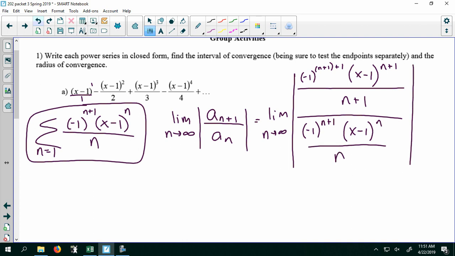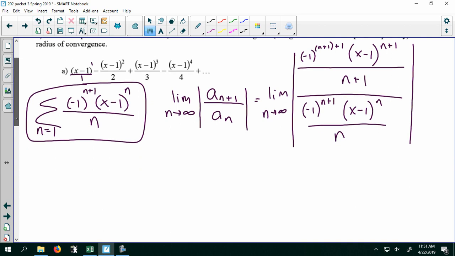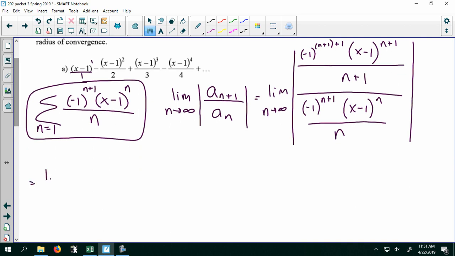And then I'm going to do some simplifying inside that parenthesis. So this is the limit as n goes to infinity of the absolute value. The -1s actually don't matter at all because it's just going to end up being either -1 or 1, and I take the absolute value and it becomes 1. So I'm just going to stop writing -1s in here.